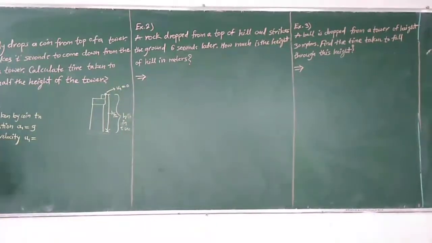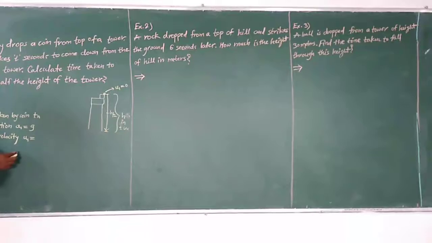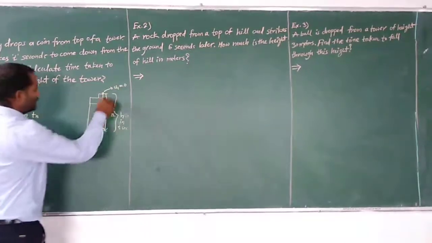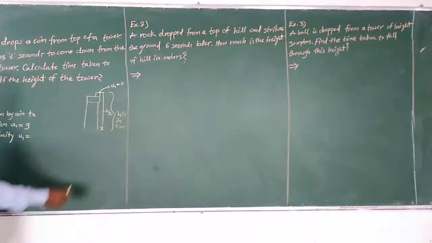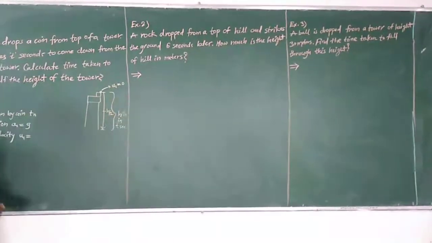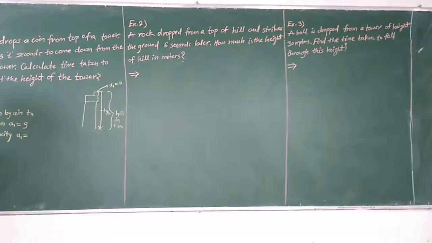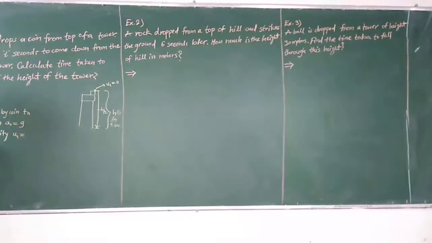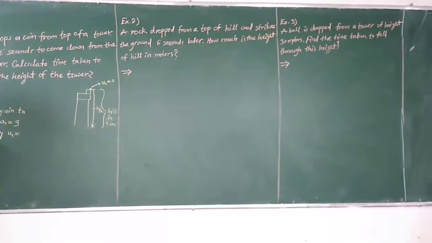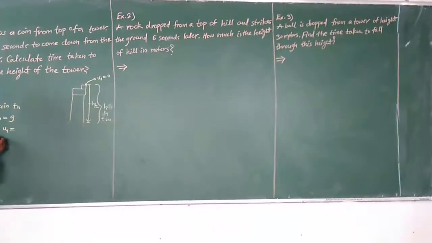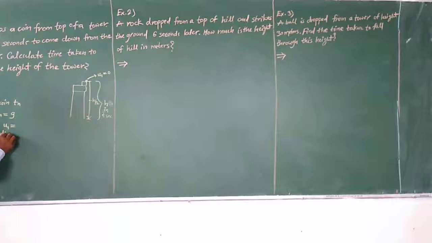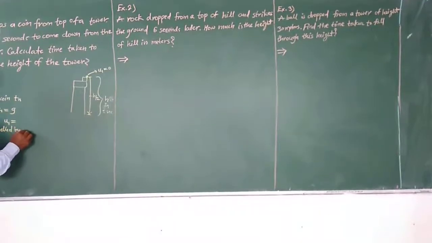Then the distance traveled by this coin to come to the ground is h.